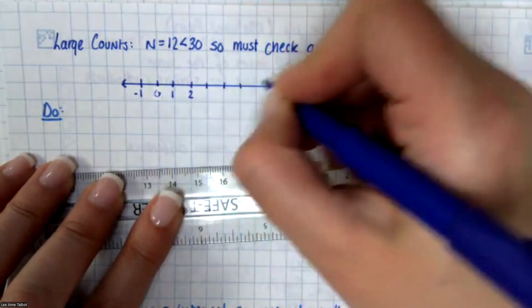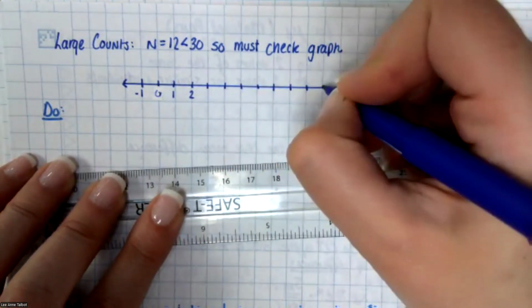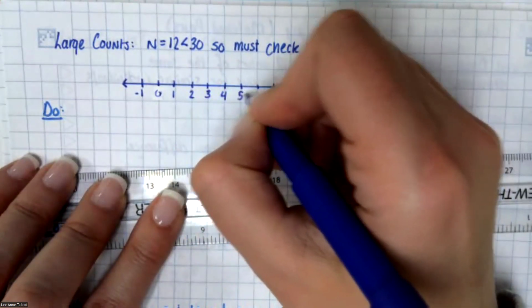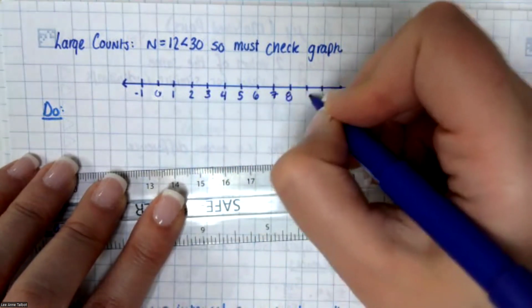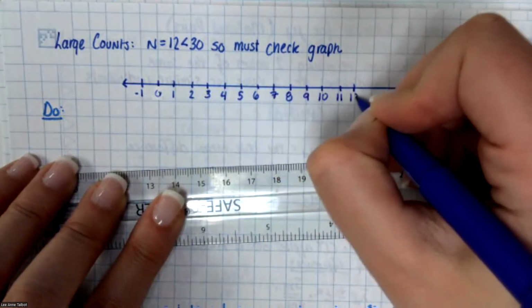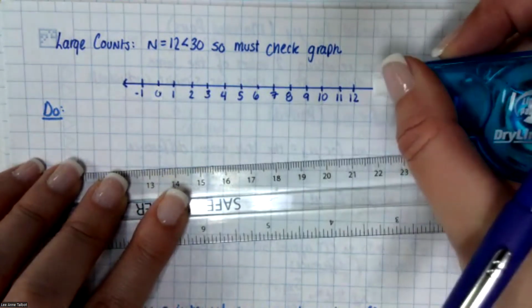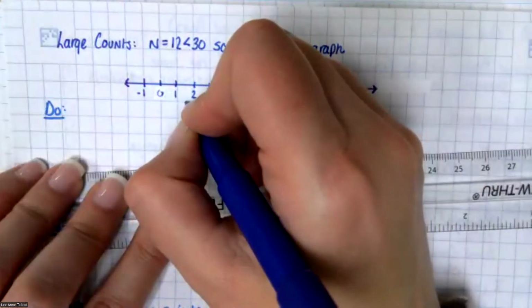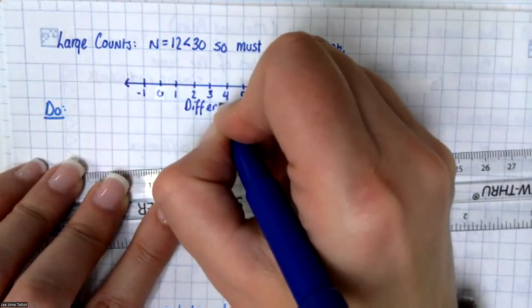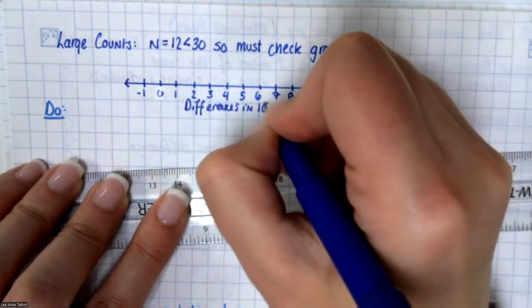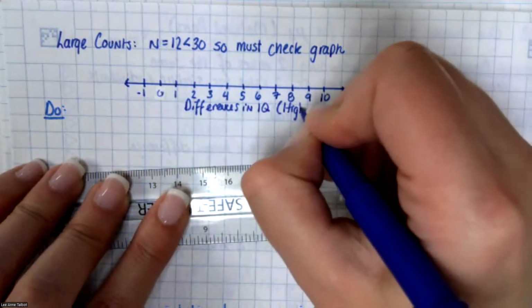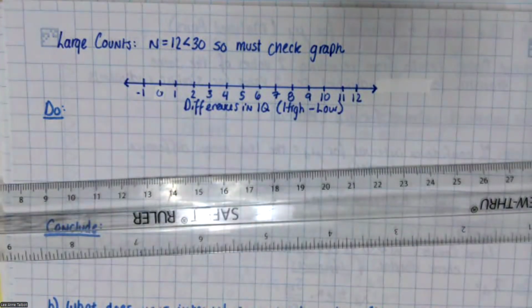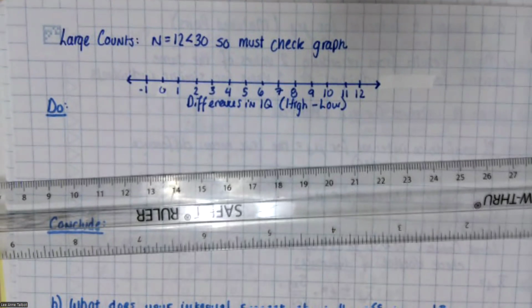Three, 4, 6, 7, 8, 9, 10. Thank goodness I have last year's notebook here so I can look at the table.